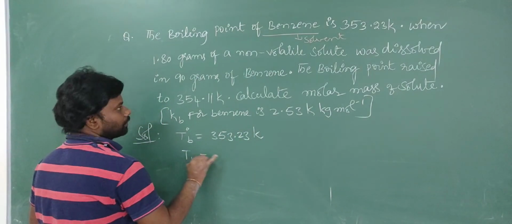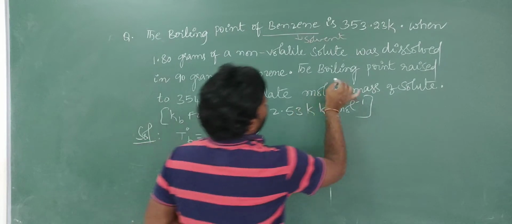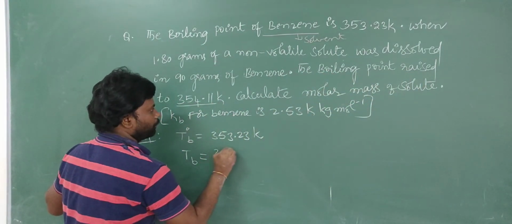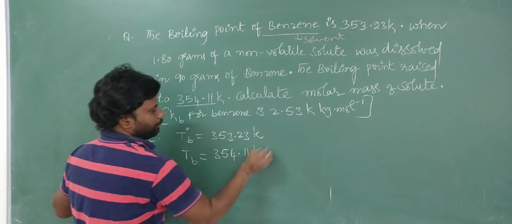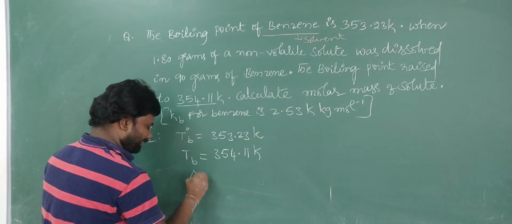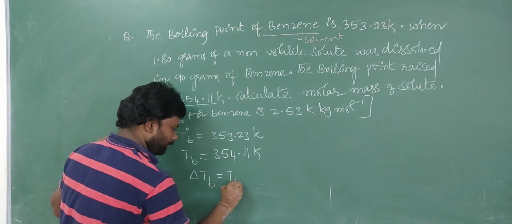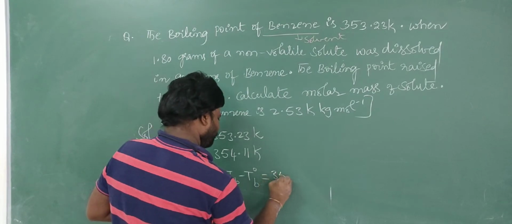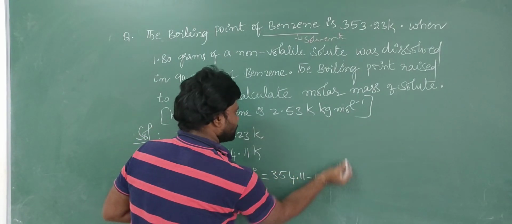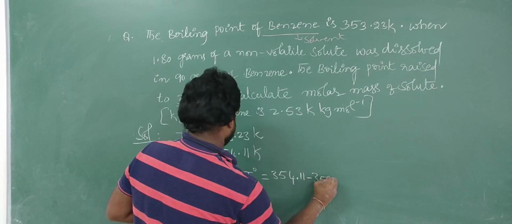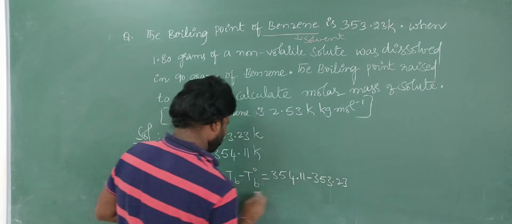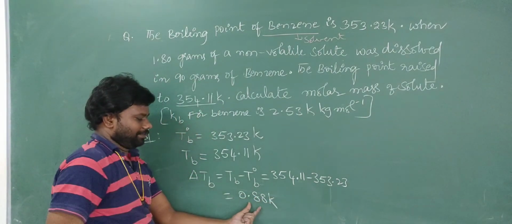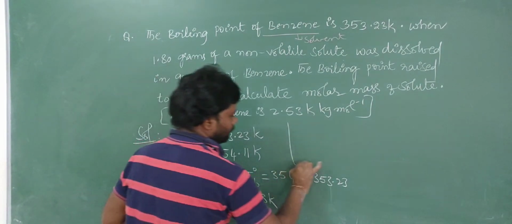The boiling point of solution is 354.11 Kelvin. Based on these two, we can calculate delta TB. Delta TB is equal to TB minus T naught B, so that is equal to 354.11 minus 353.23, which gives the value of delta TB.